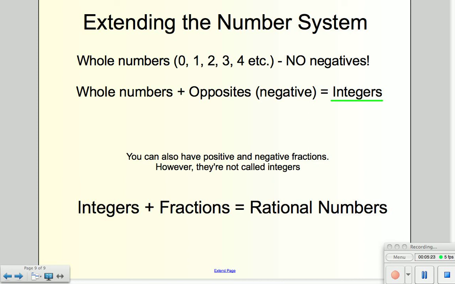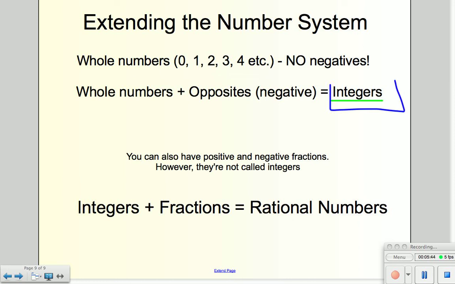Generally speaking, as long as you can represent it as a fraction, it's called a rational number. So, once again, whole numbers, 1, 2, 3, 4, positive, no negatives. When you add the opposites of whole numbers, you now have integers. So integers has more numbers under it.